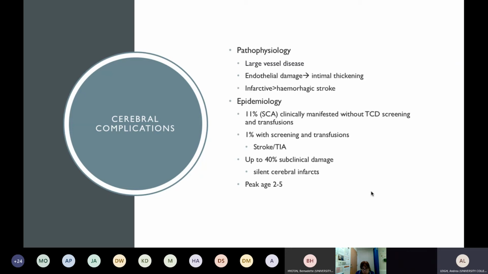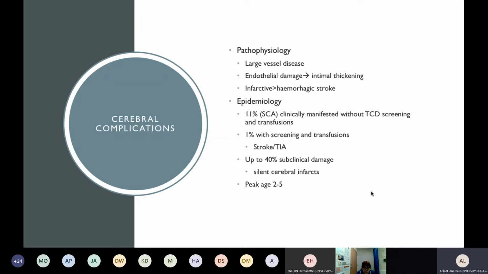You can get the endothelial damage and intimal thickening, and then you get narrowing and stenosis of the blood vessels supplying the brain. You can get development of new blood vessels around. We call that moya. And if children have got moya, then they've got a really significant risk of stroke.